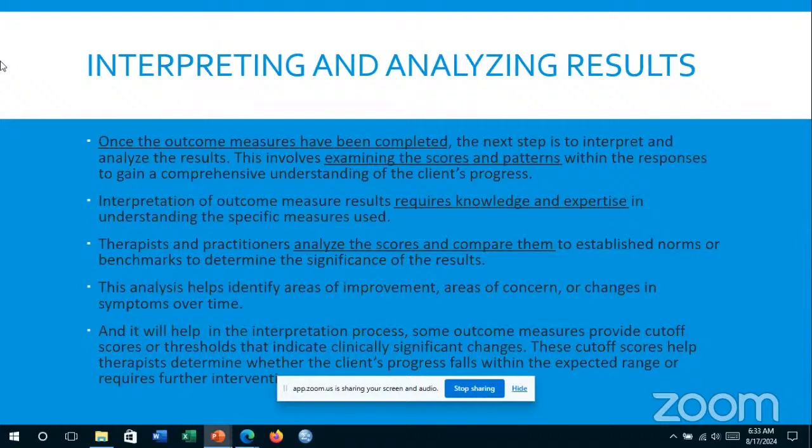Interpreting the results of an outcome measure is one of the means to check what has been completed, what has been examined, and what you have scored. The ability to analyze and interpret it is what we want to discuss under this slide now.